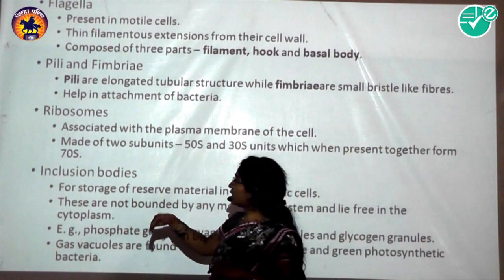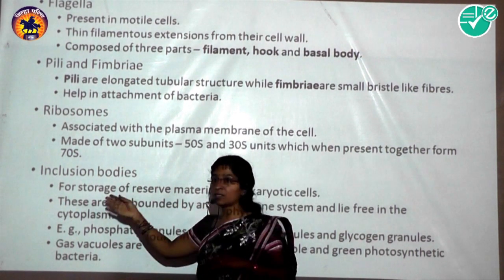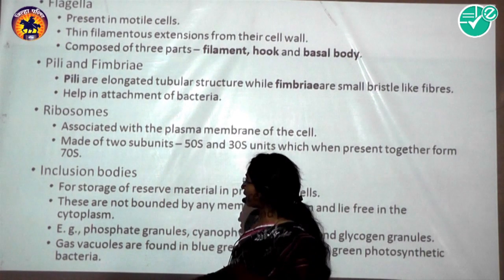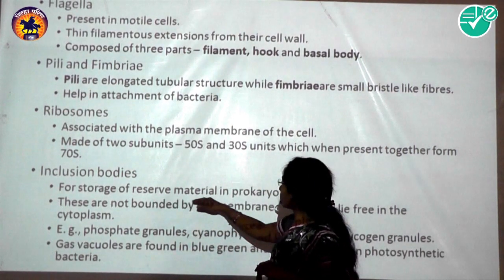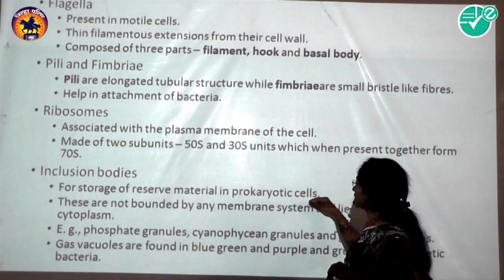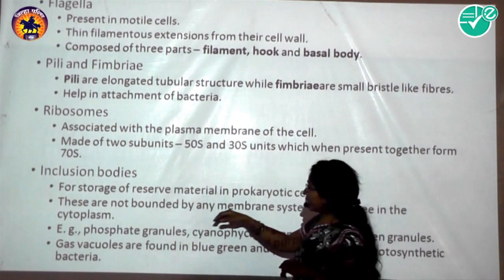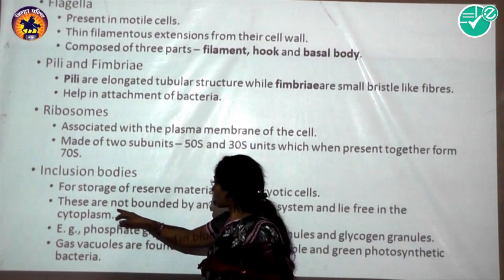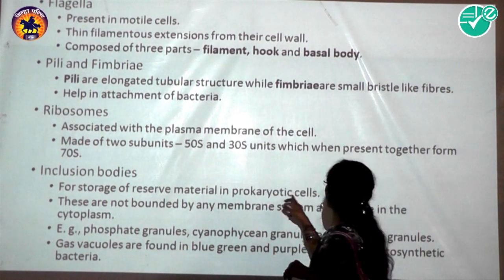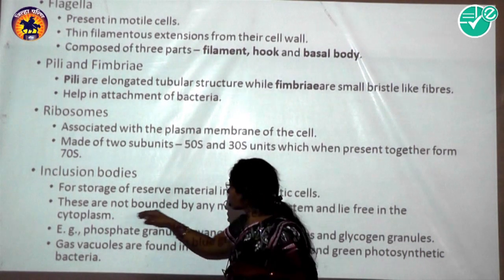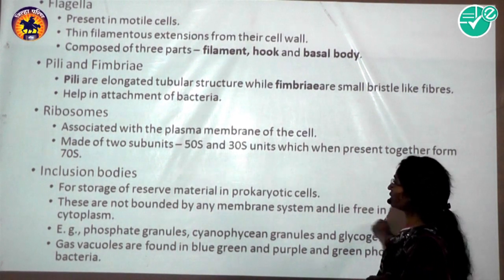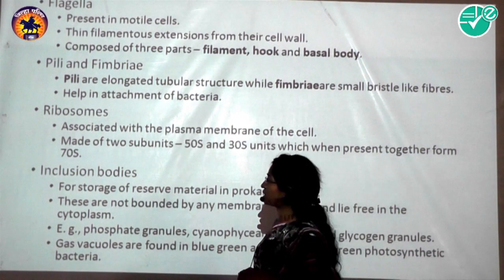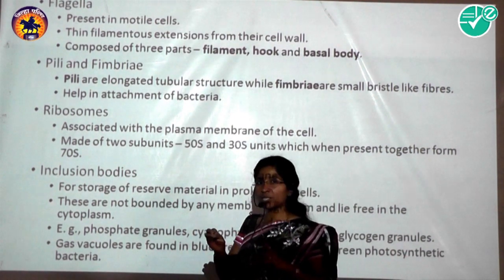Then another structure is the inclusion bodies present in the cytoplasm of the prokaryotic cell. These are for storage of reserve material in prokaryotic cells. They are not bounded by any membrane system and lie free in the cytoplasm.